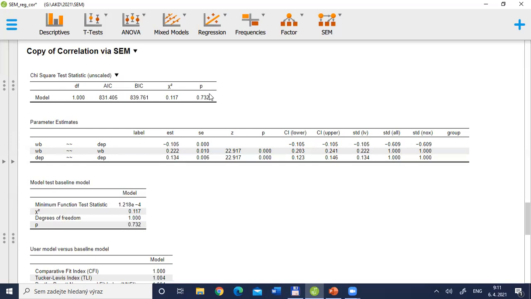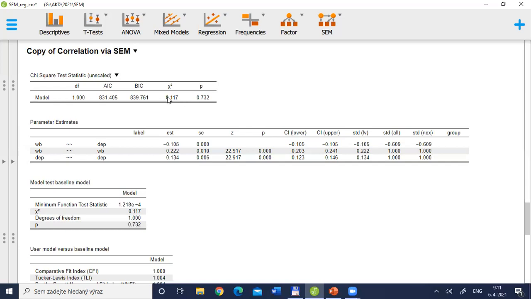I would add some more comments to the results here. As usual, we would find this, let's call it, unpleasant property of the chi-square test. Usually this chi-square test for real life complicated models is not very useful, as it is very, very sensitive to sample size and also to complexity of the model.